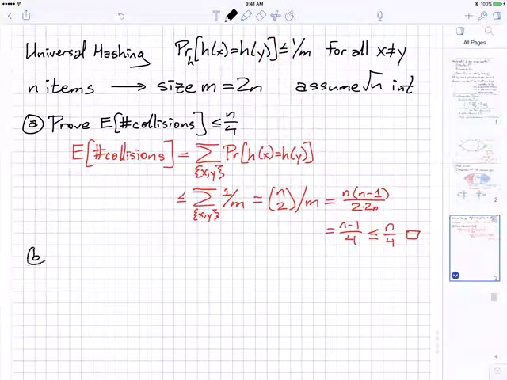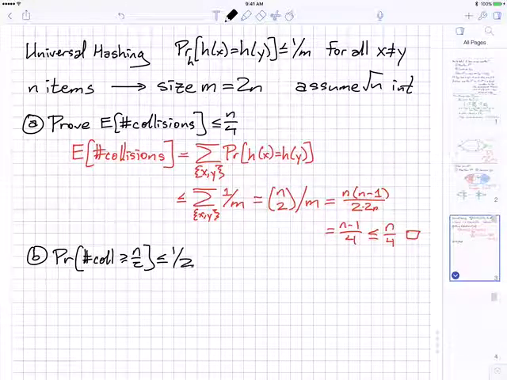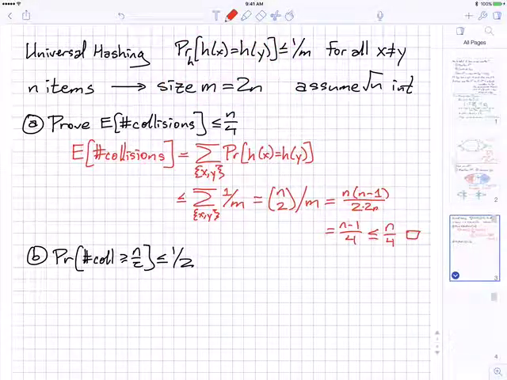Part B. Prove that the probability that the number of collisions is at least n over 2 is at most 1/2. Any ideas? Markov's inequality.